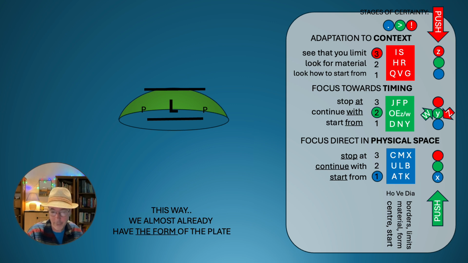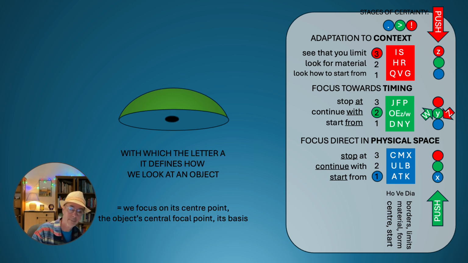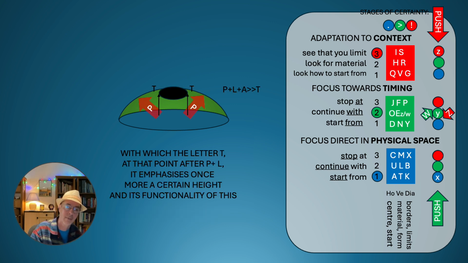We almost have the form of the plate, but we have a few letters to go. So the next letter is the letter A, which basically focuses back upon the grounding space, and we look at the object and we see the object or what it is and what the foundations of this object are. We focus on the center point, its central focal point, as its basis. There we start from.